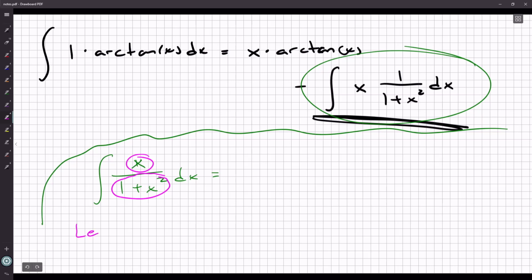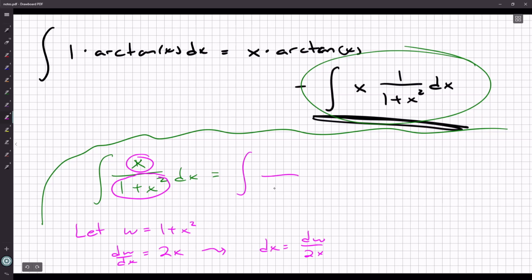So if I were to try a substitution, I could say let u, but we already had a u before, so let's use a different variable. Let's say let w. Okay, let w be 1 plus x squared. dw by dx would be 2x, and so I can rearrange that and say dx is going to be dw by 2x.